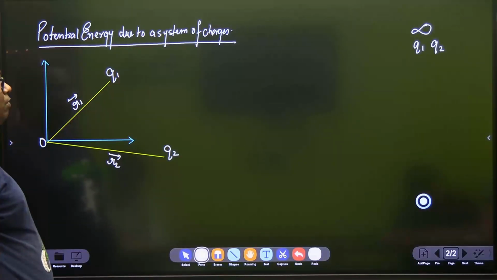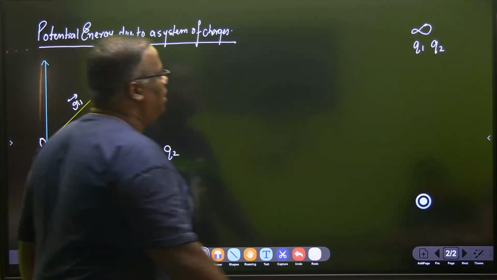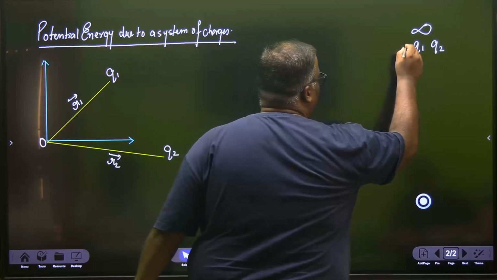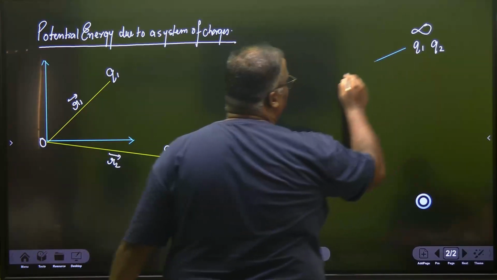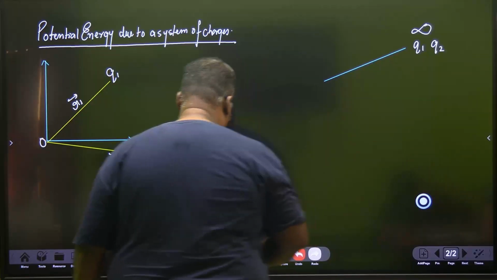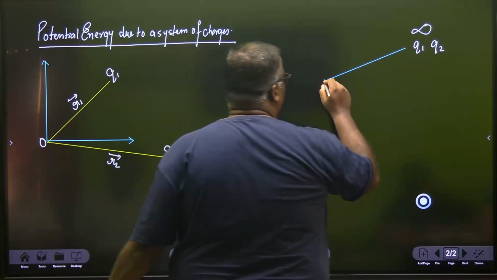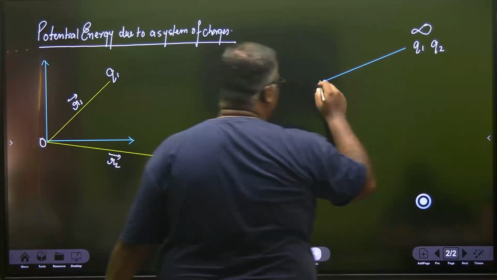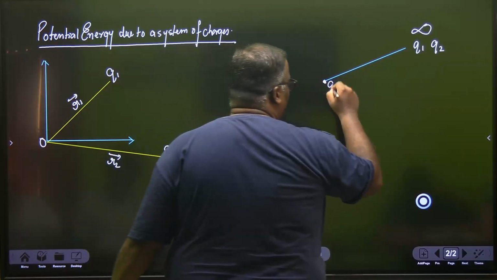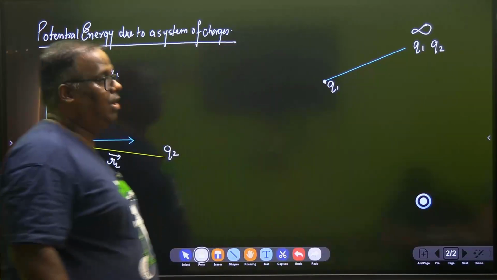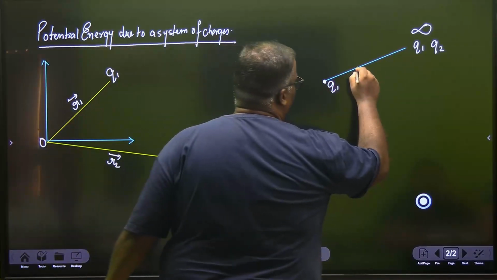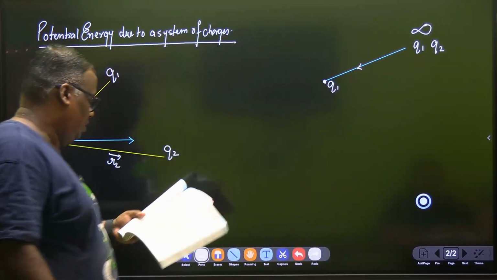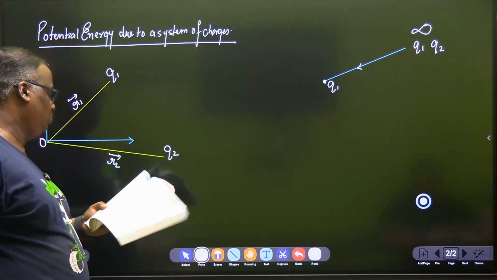Now the first charge Q1 is brought from infinity to a point R1. Q1 has been brought from infinity to the point R1.